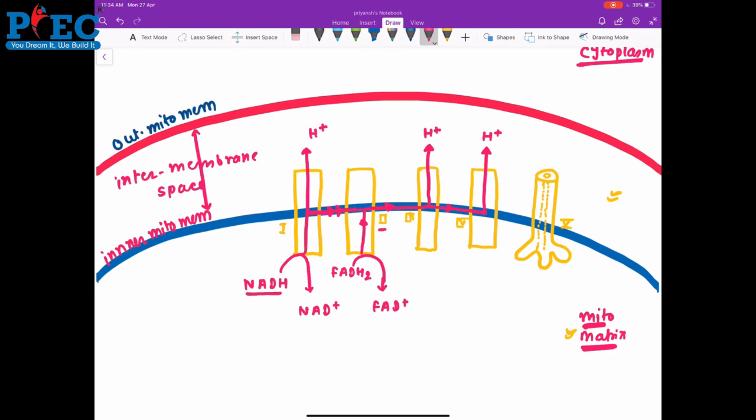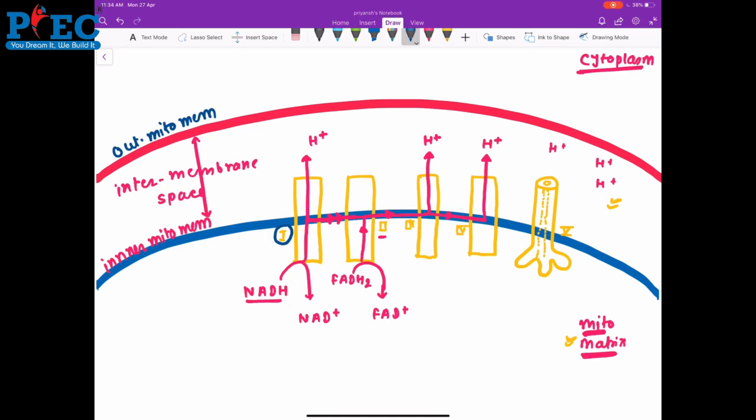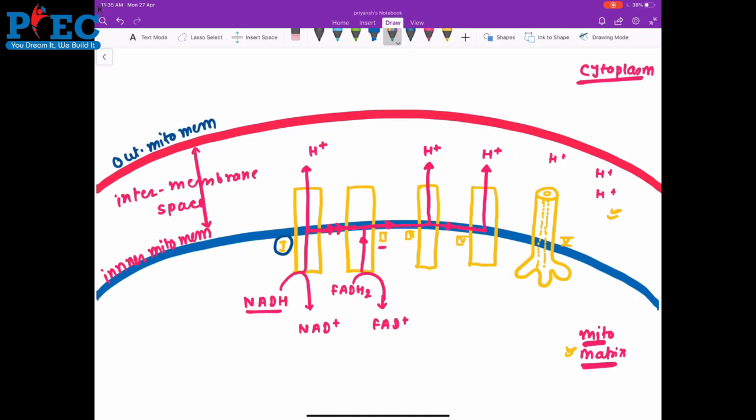After some time of continuous pumping, a lot of hydrogen ions will be accumulated in the intermembrane space. If we look at how many hydrogen ions are pumped by each complex, we can remember it like this: the common male shirt size that we wear is commonly either 40 or 42.